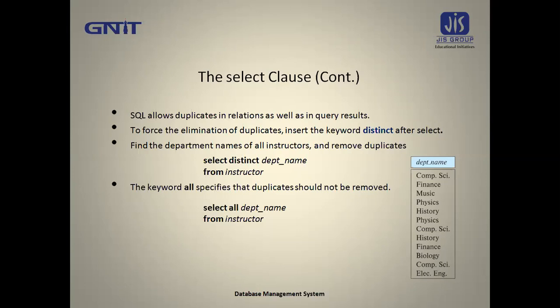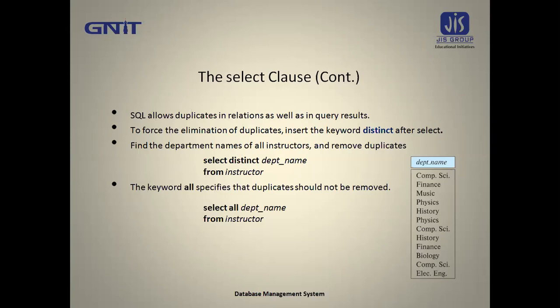The command is like select distinct department name from instructor, and this will give you the result as it will remove all the duplicates, and computer science will be printed only once. Finance, history, biology, music, all of these department names will be printed only once. All the duplicates will be removed.